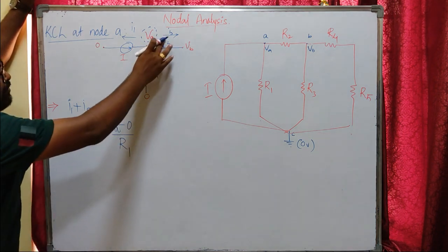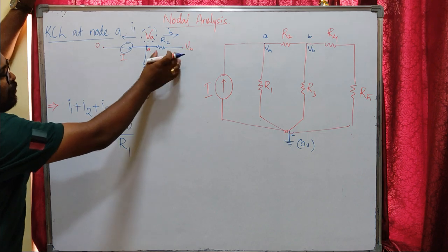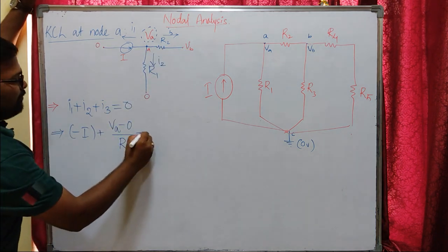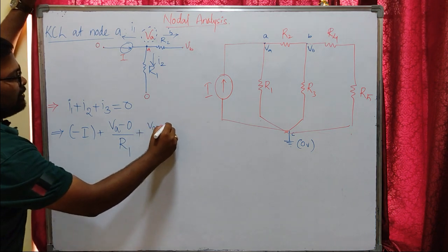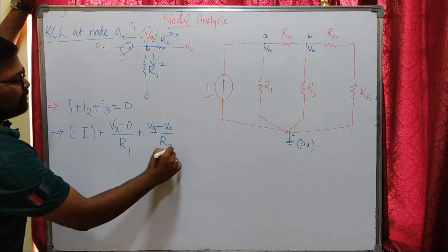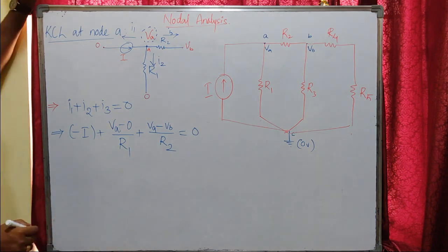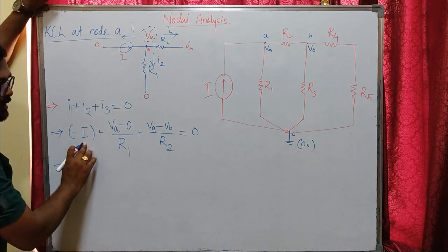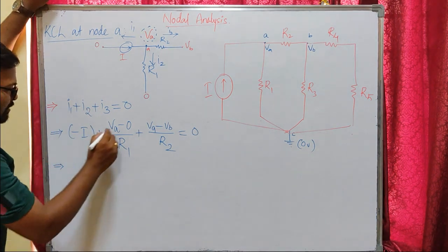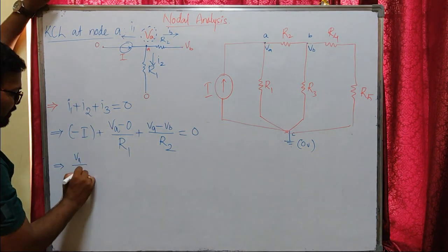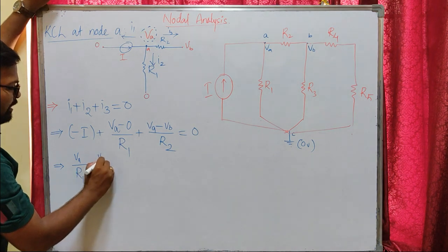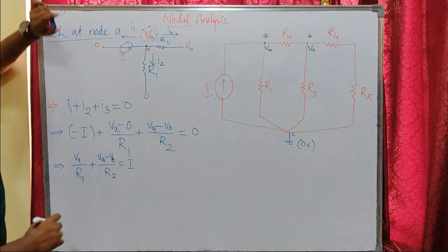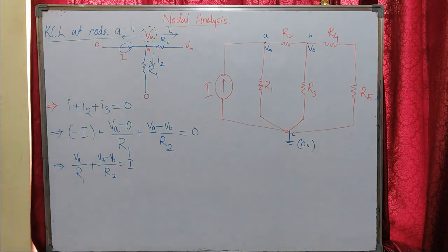So the current expression for I3 will be the potential difference between these two terminals divided by the resistance, that is plus (VA minus VB) by R2. This should be equal to 0 according to KCL. Let us rearrange this: I am going to shift the current source to the other side, so that will be VA by R1 plus (VA minus VB) by R2 equal to capital I. I am going to consider this as equation 1.